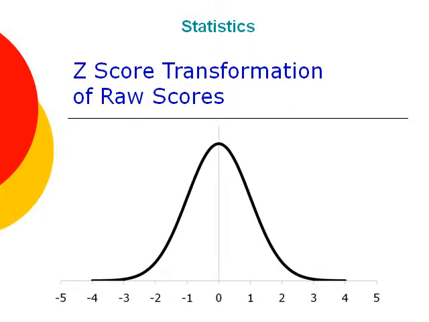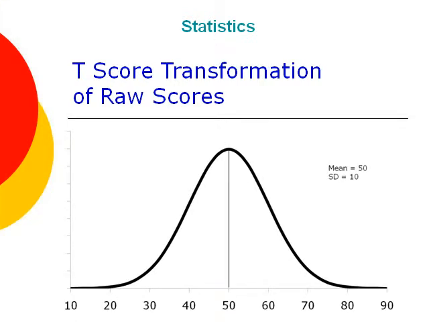In this slide, the raw scores have been transformed from the original scale into z-scores. Here the mean of the distribution, which used to be 30, is now 0, and the standard deviation, which used to be 4, is 1. Thus the score of 26 was converted to a z-score of negative 1 by subtracting 30 from 26 and dividing by 4.